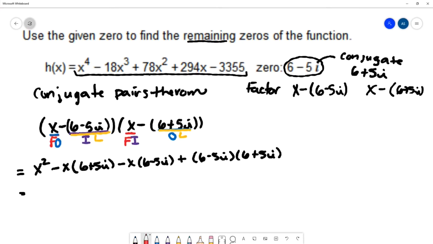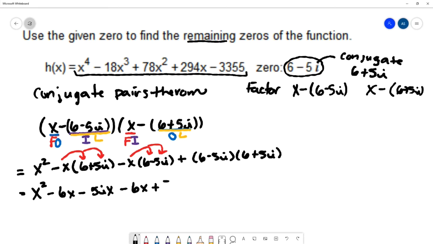Alright, so I've got some simplifying to do. I'll use the distributive property here and here. And I need to multiply using that FOIL method again on that last part. So I have x squared minus 6x minus 5ix minus 6x plus 5ix. And we'll multiply these guys out.